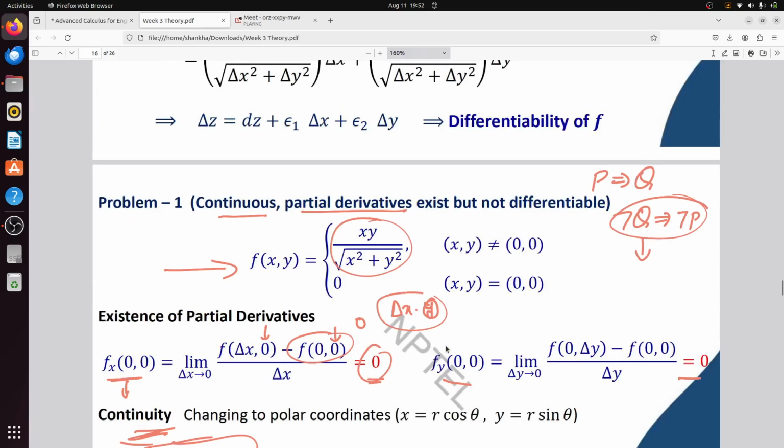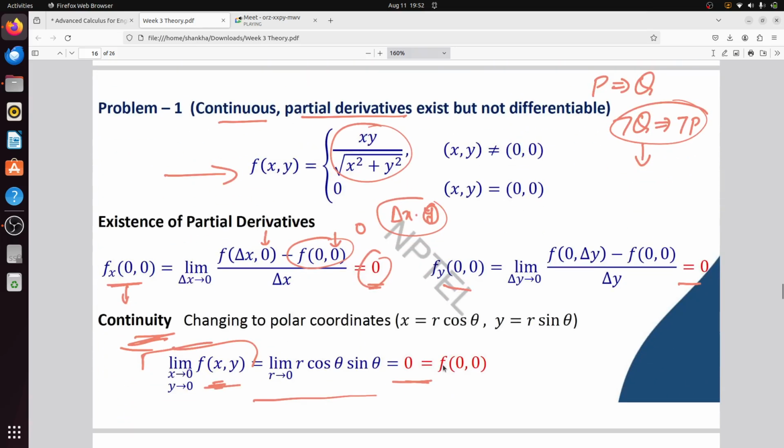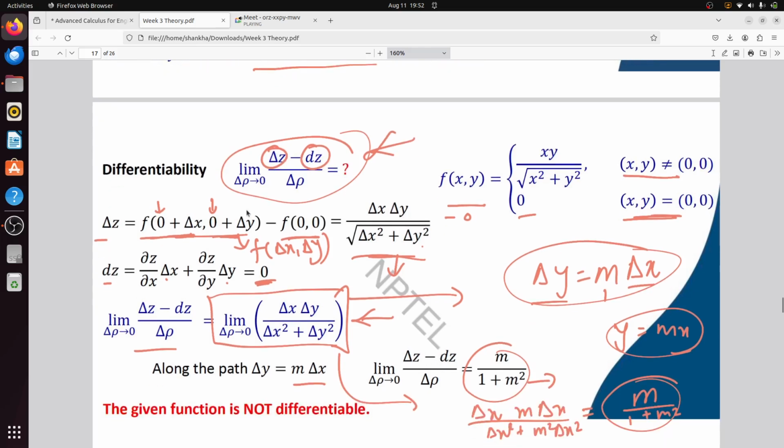You got my point? This is delta z. Here I have used different notation, delta x and delta y; you can use h and k also. So f(0 plus delta x, 0 plus delta y) minus f(0, 0) is the increment part: delta x delta y by square root of delta x whole square plus delta y whole square.